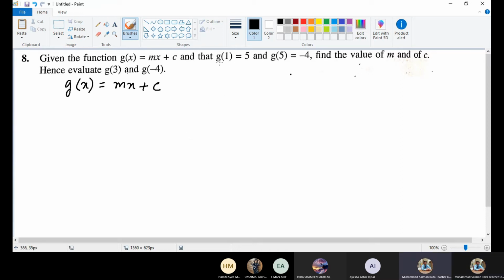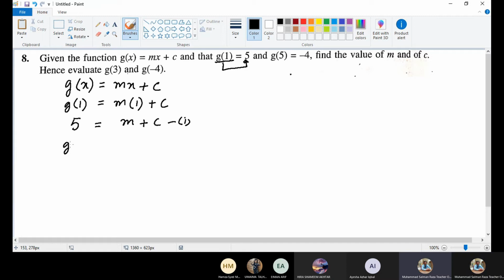Now they say g of 1. It means wherever there is x, I'll put 1 in place of it. In the next step, it says g of 1 is basically 5, so I replace g of 1 with 5, and the right side becomes m plus c. This becomes my equation number 1.